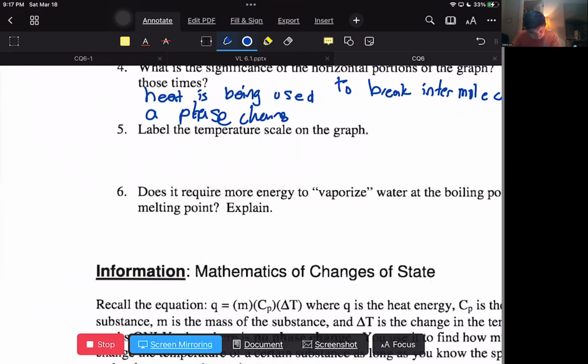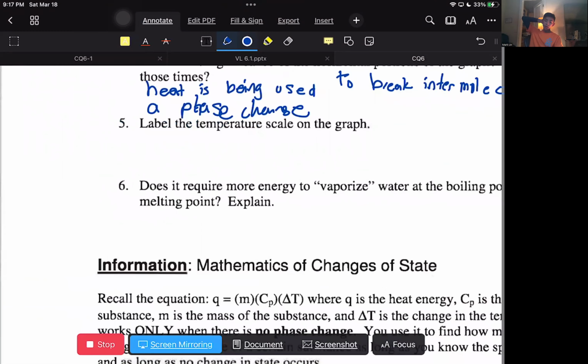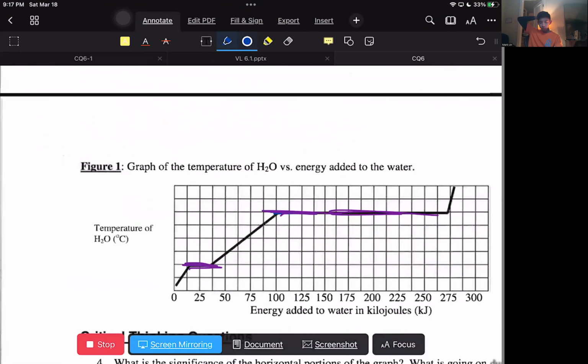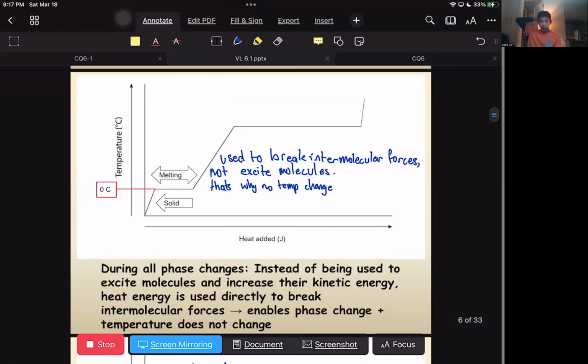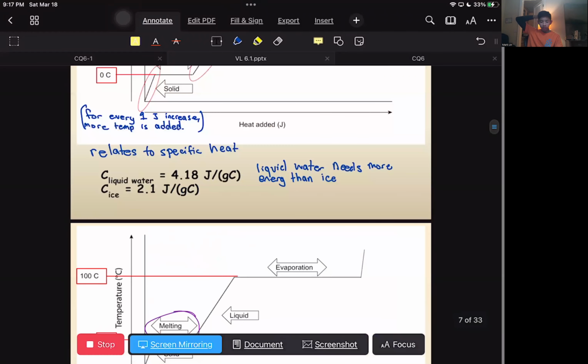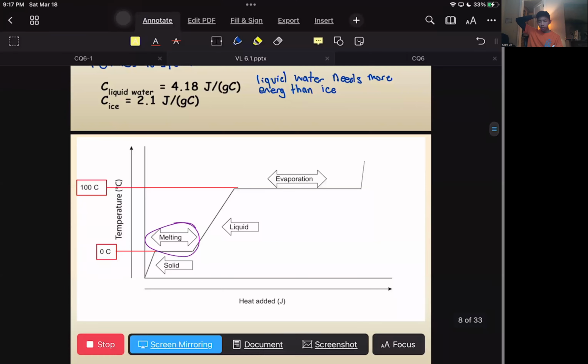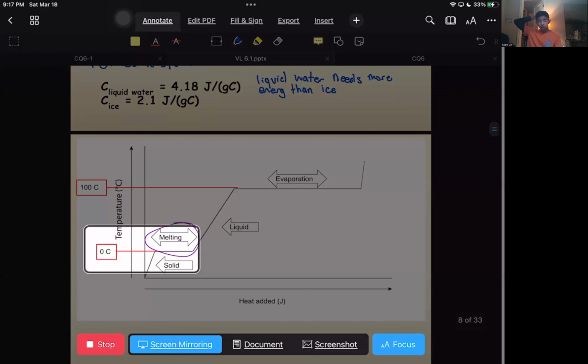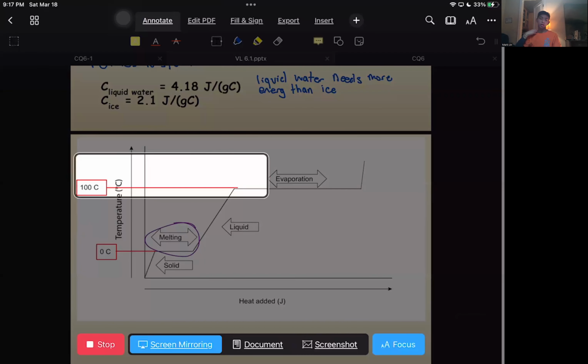Okay, let's go. Number five, label temperatures on the scale. You actually just know this by heart. The lower one is going to be 0 degrees Celsius, and the upper one is going to be 100 degrees Celsius.